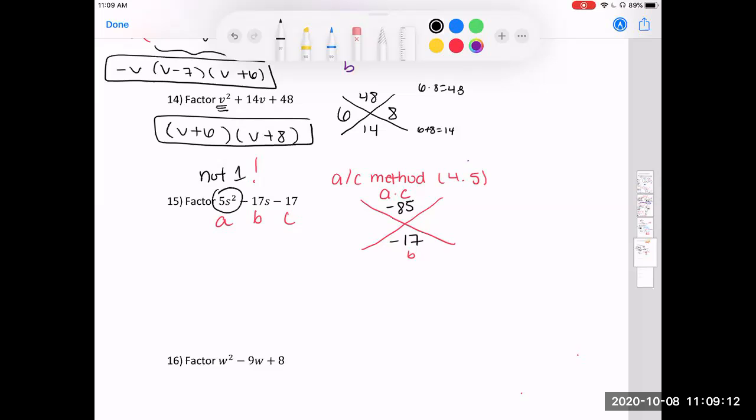Maybe divided by 3. If I divide it by 5, I have 5 times 17 is 85, but that won't work. What if I divide it by... I'm just testing out numbers to see what works.